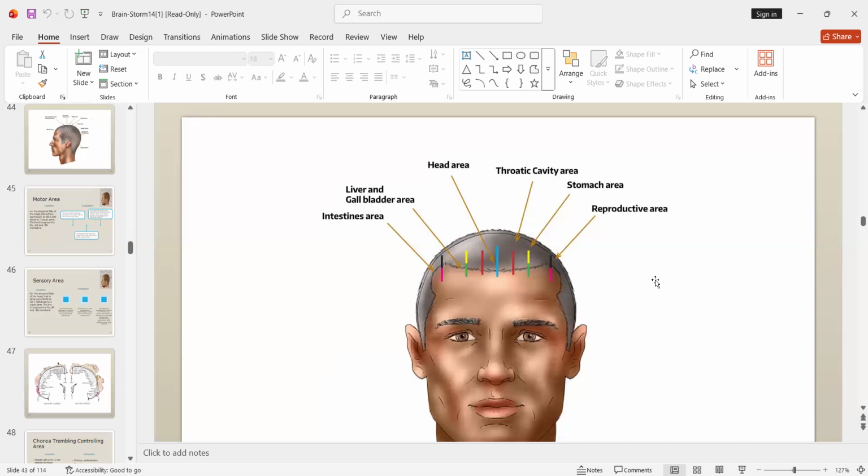It treats all types of disease of the large intestine and small intestine, like duodenal ulcer, constipation, and all types of inflammation, IBS, inflammatory bowel disease. Okay, then you use these points. Then go for the next.